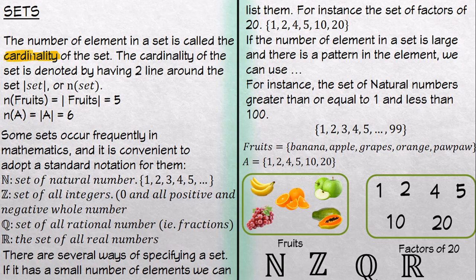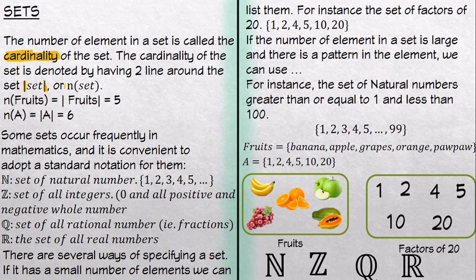So whenever they ask for a cardinality of a set, then you should know that they are just asking for the number of elements in the set or the number of members in the set, and it is denoted by having these double lines around the set.